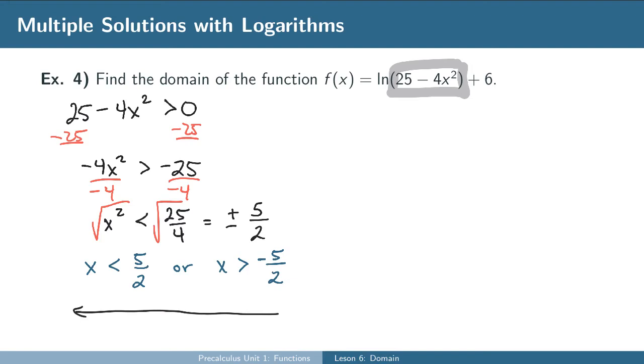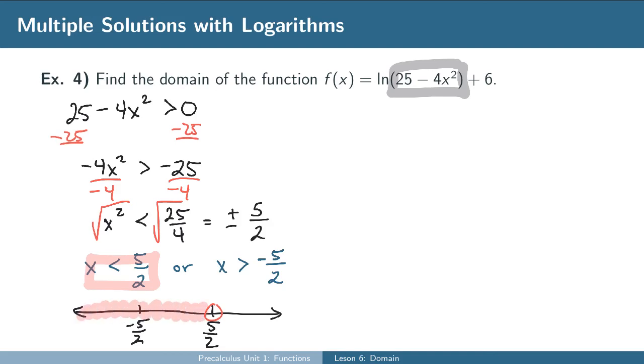So now when I look at the number line, this is interesting. I get negative 5 halves on the left and positive 5 halves on the right. Since x is less than 5 halves, I'm going to have an open circle, and I'm going to be shading to the left.